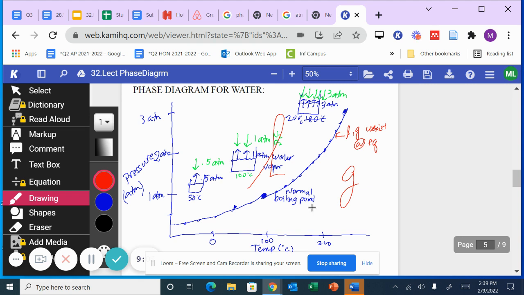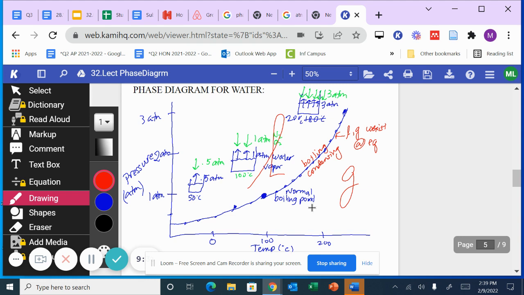If this is going from liquid to gas, it's called boiling or vaporization, same thing. And then from gas to liquid, it's called condensing. Okay, that's the line for boiling and condensing.